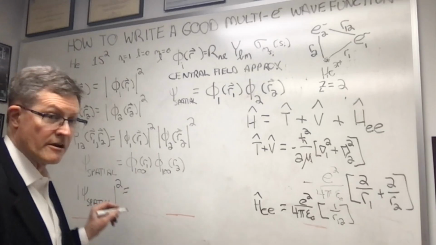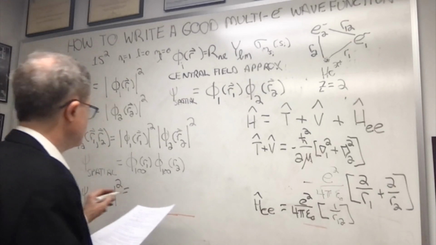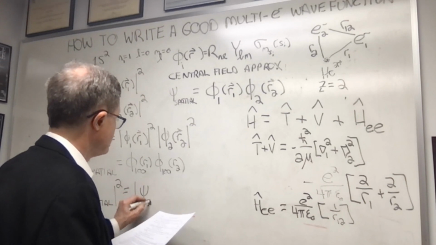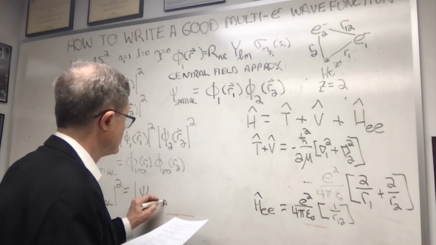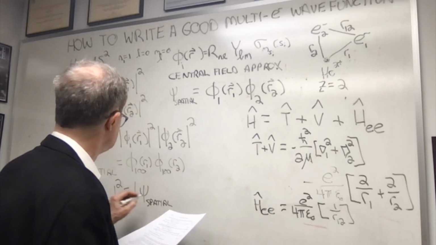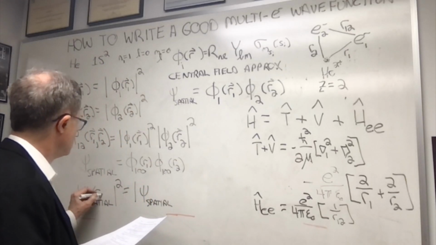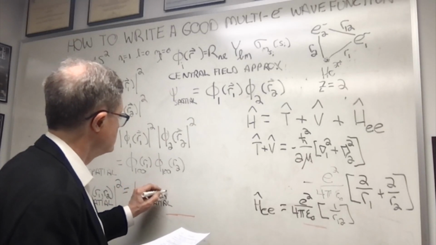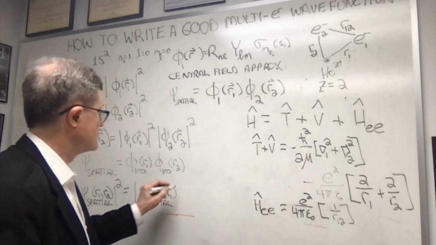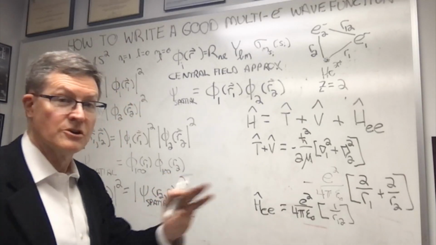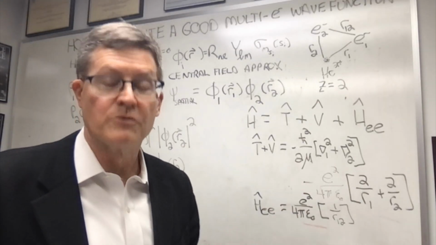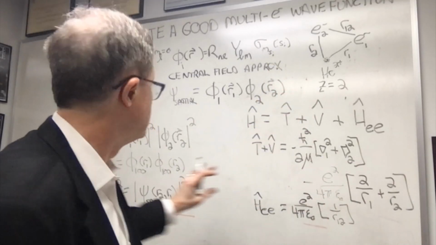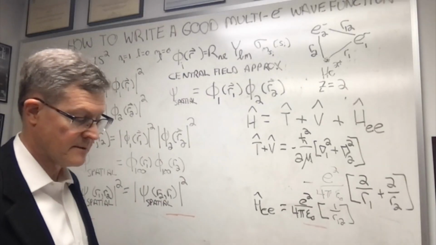So if we square the wave function, we should get the same result, right? That seems like a no-brainer. Electrons are indistinguishable, so the distribution doesn't matter whether we call one electron 1 or electron 2 or the other way around. The distribution has to be the same.